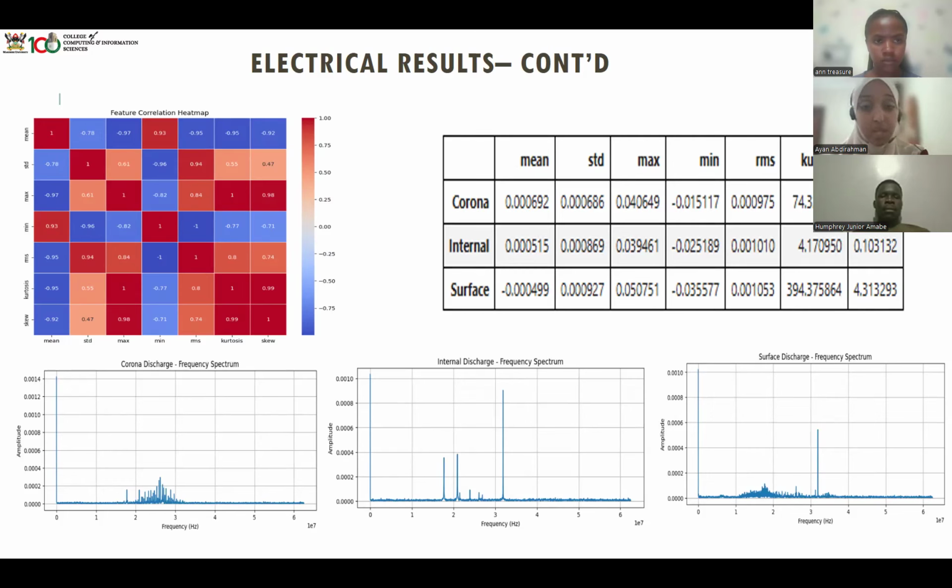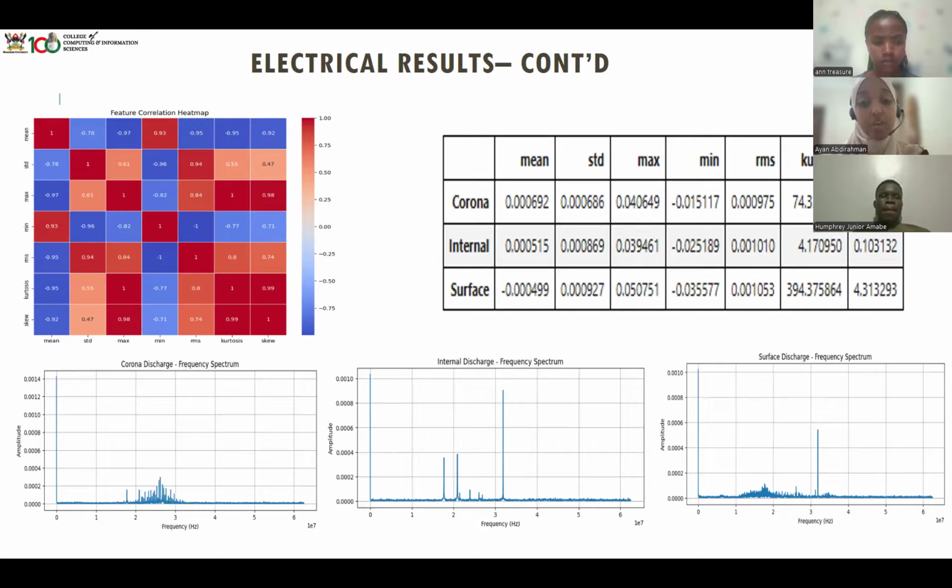Then when you look at the bottom side, those are the frequency spectrum analysis on the second row. Here for the corona discharge, we observe a dominant frequency peak, meaning most of the signal energy is concentrated in a specific frequency band.